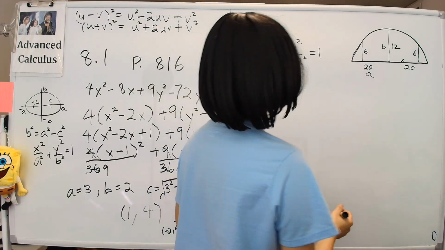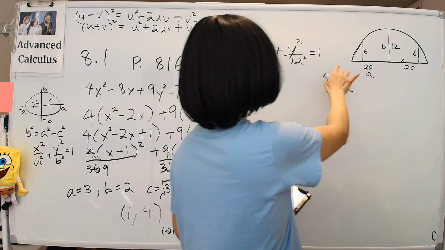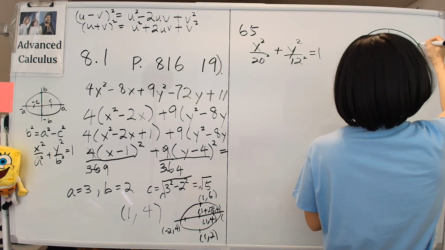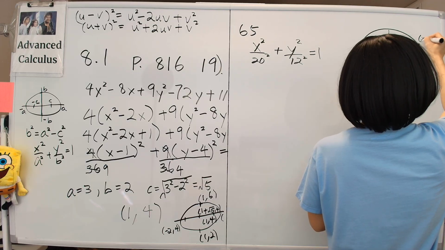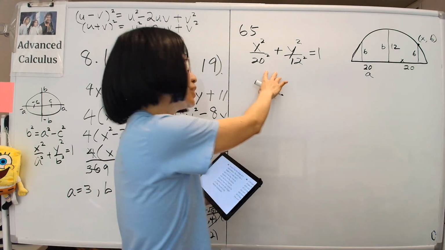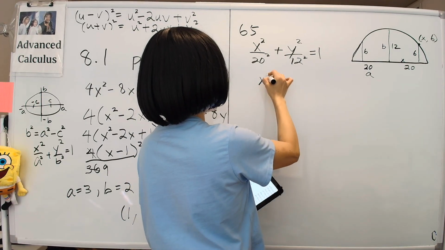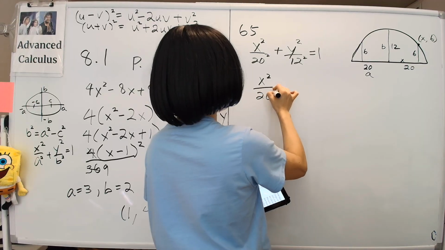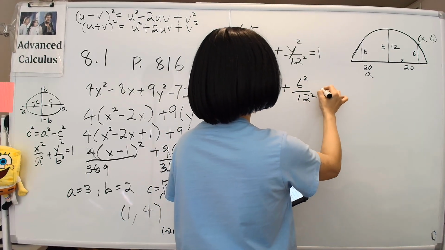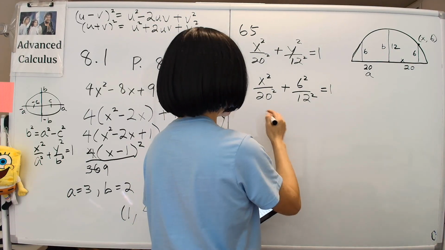Now to do that, we have to solve this equation for when y is 6, because x and y in this equation are points on the ellipse. So at this point, whatever the x value is, the y coordinate will be 6, and that fits into this equation. So let's plug in the number. Our unknown, x squared over 20 squared plus 6 squared over 12 squared, equals 1.